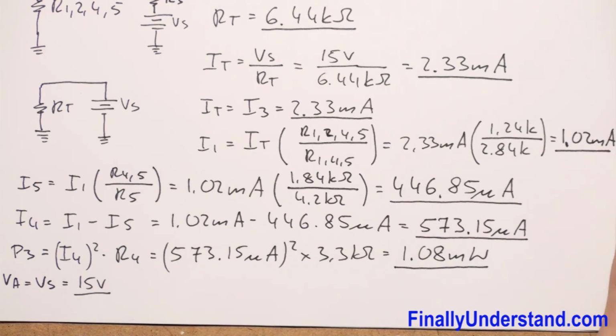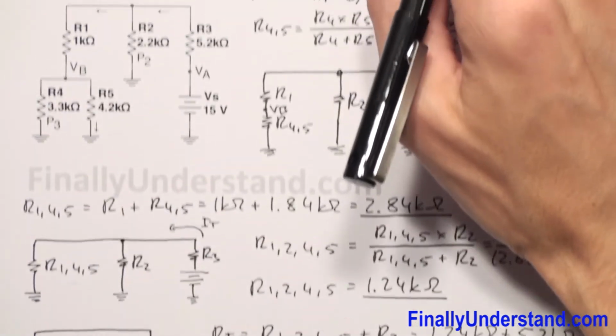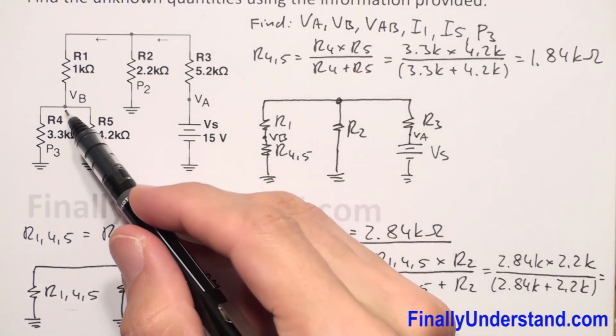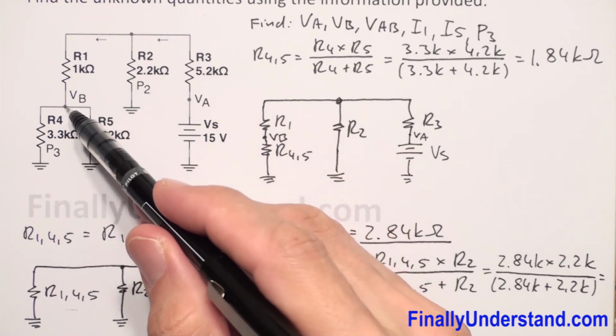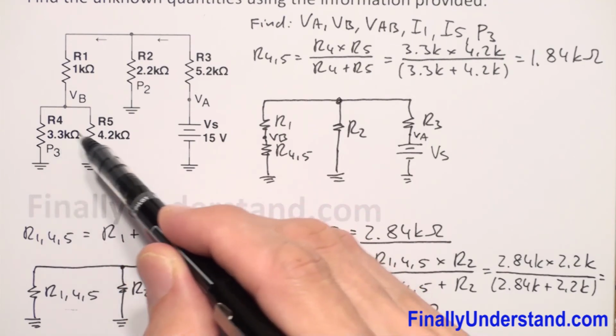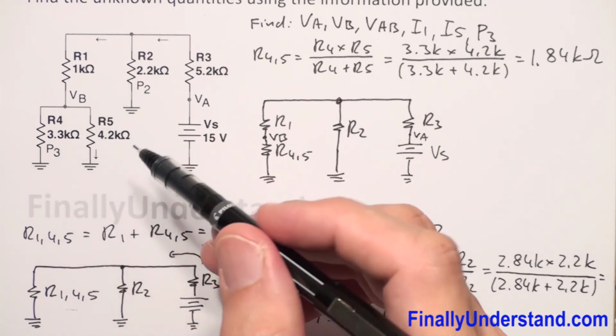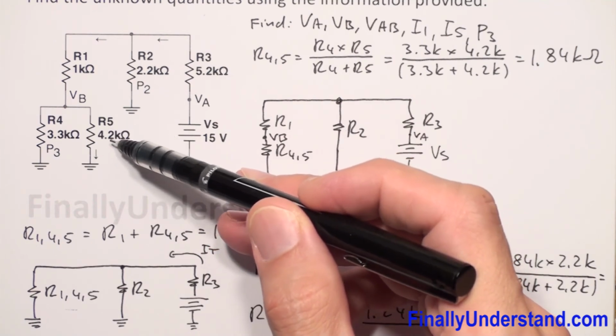Next, I'm supposed to find voltage VB. Voltage VB is the voltage between this point and ground. So voltage VB is the voltage across these two resistors. In order to find this voltage, I'm going to multiply current I5 by R5.